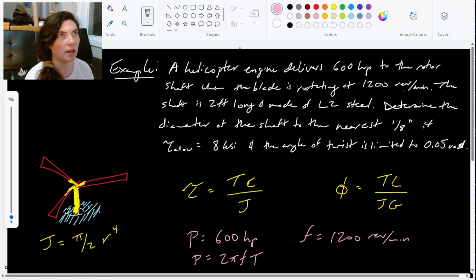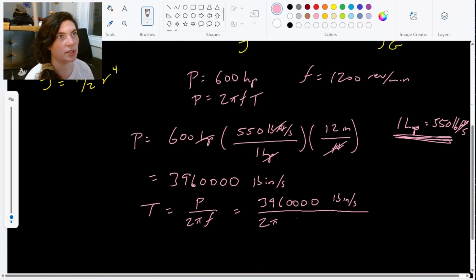They give me 1200 revolutions per minute, and there are 60 seconds in a minute, so I just divide that by 60. 1200 divided by 60 is 20 revolutions per second.